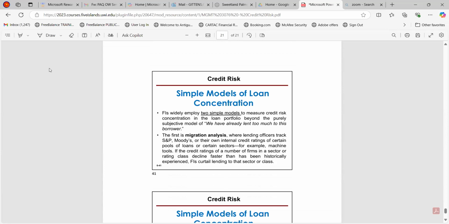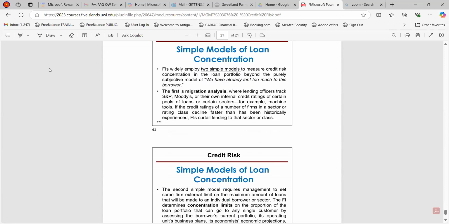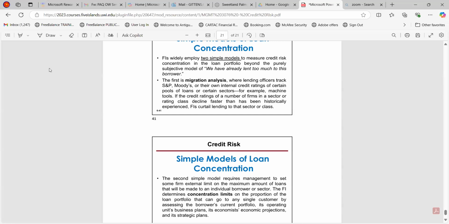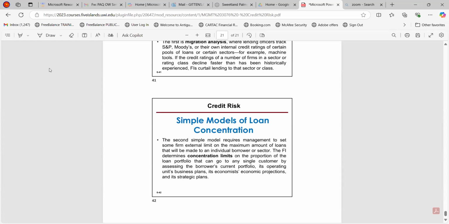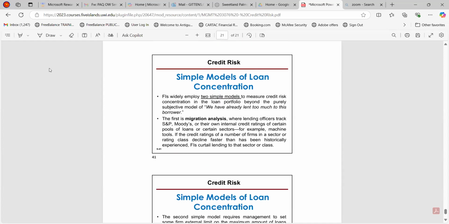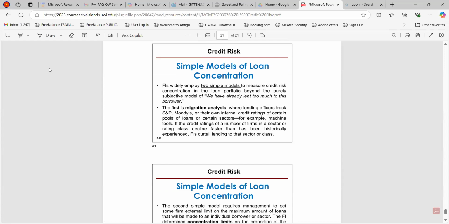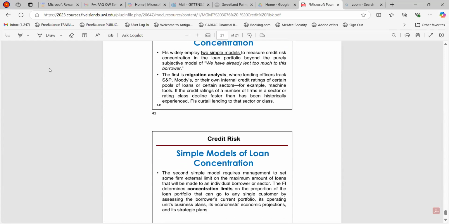You have the migration analysis, and the concept of concentration limit. We will go into more detail on those next class, so we are going to focus on migration analysis and concentration limits next class.